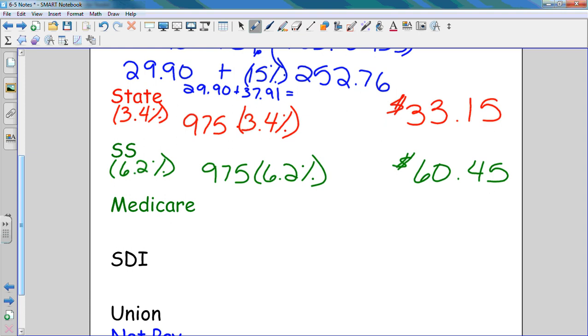Medicare. Well, what's the percentage for Medicare? 1.45. So I take 975 times 1.45%. That's $14.14.